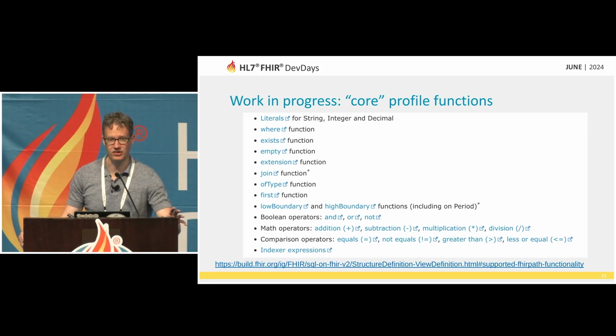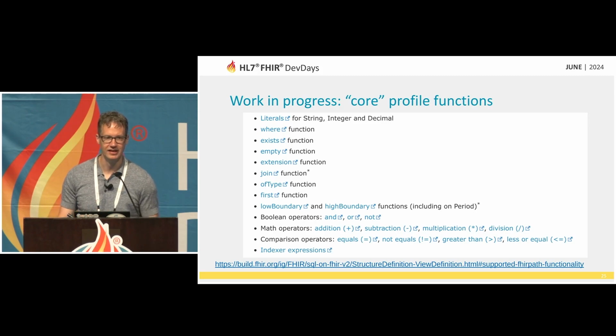The reason for that is there are quite a few data pipelines and tech stacks that work really well if I can take a resource and map it onto a table without doing cross-resource resolves. As a result, this core profile likely will not include resolve. That said, if you're not operating under this constrained core profile, if you're under the base, resolves are allowed, but you have to realize that it may not be runnable by all implementations that exist out there.